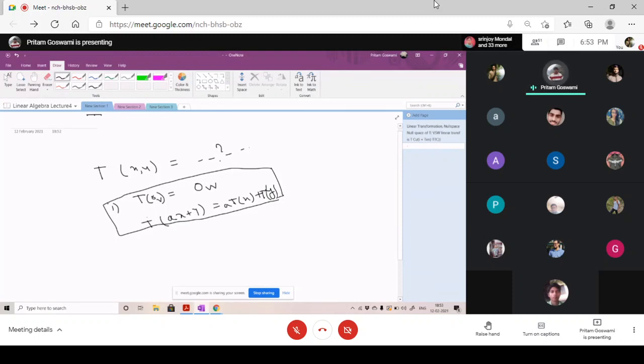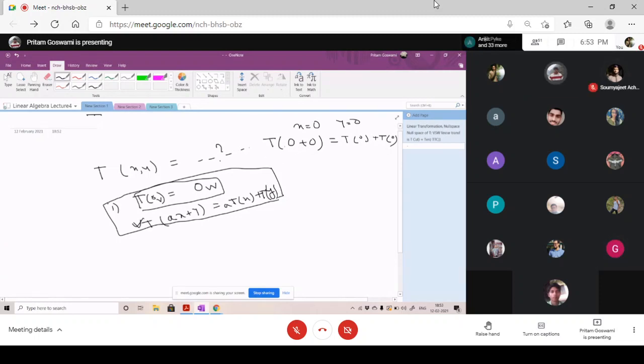You can actually omit this part also. You just have to check this, because T of 0v comes from the definition. Look, if I say x is 0 and y is also 0, then T of 0 plus 0 will be T of 0 plus T of 0, right? By the first condition.